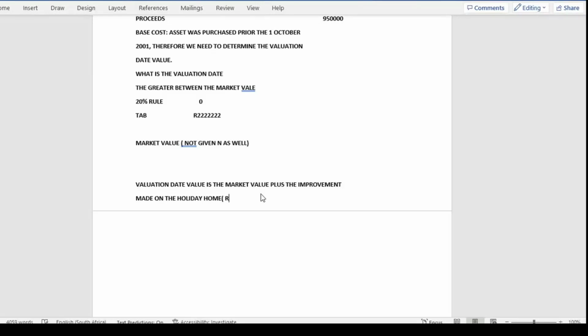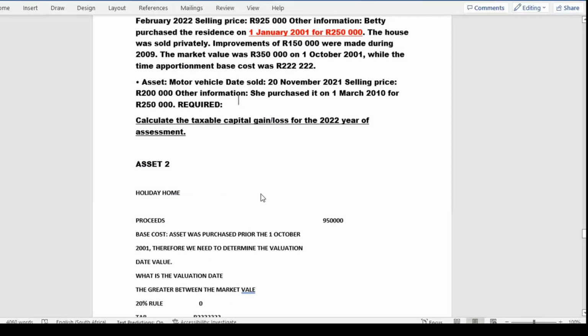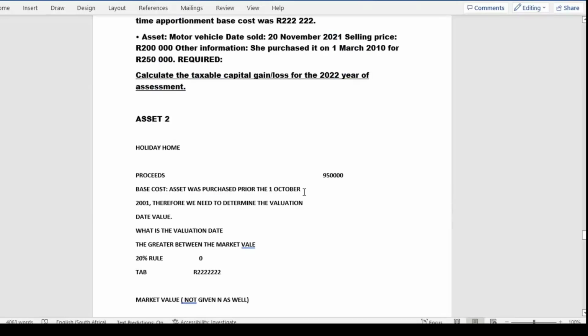Right, which is going to be 350,000 plus how much was the improvement? 150,000. Plus 150,000. So it should be somewhere 500,000 rands. Do you agree there? Equals 500,000 rands. So that will be your base cost.